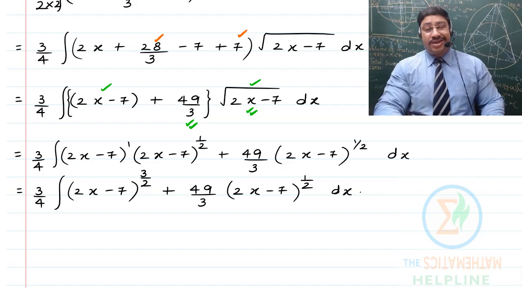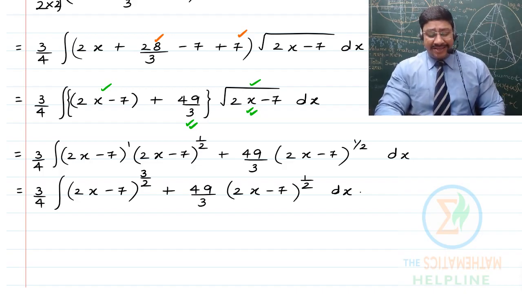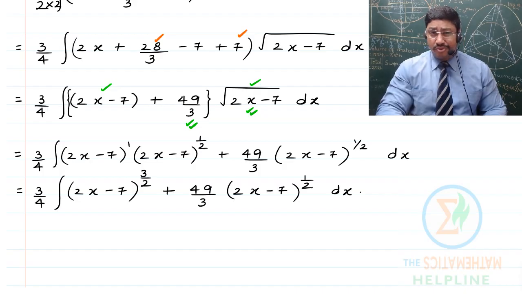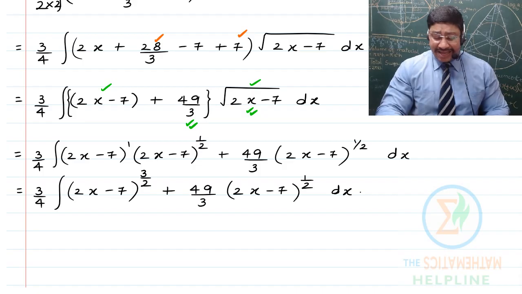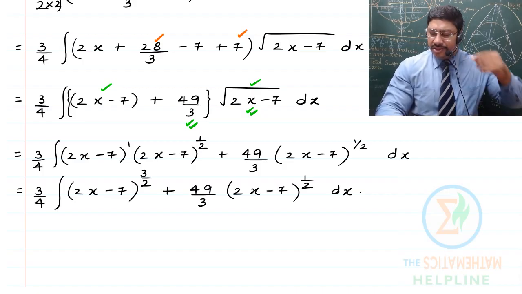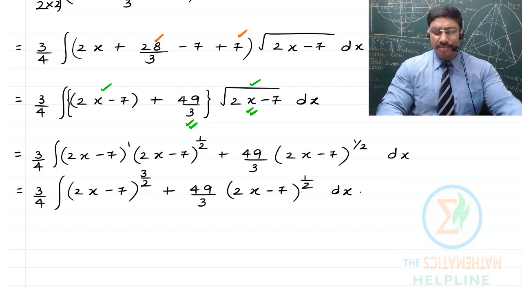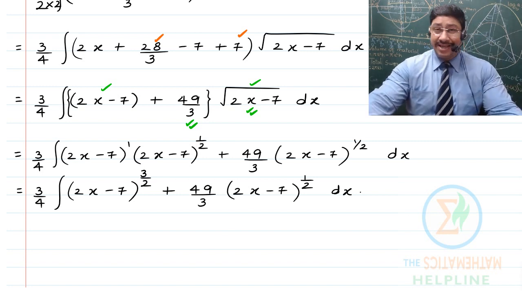Now children, here you get to see that we have actually 2x minus 7, which is raised to the power 3 upon 2, and if here we multiply this with its derivative, we can very easily get the integral of this function. That is another rule that we have not yet discussed, a formula which in times to come we're going to discuss, probably the next one.